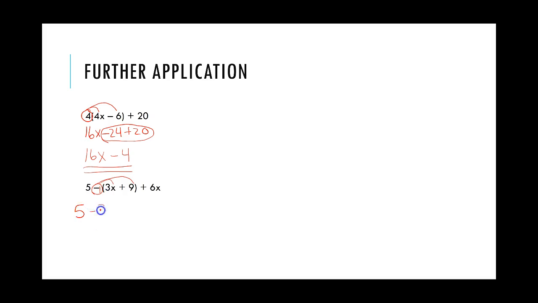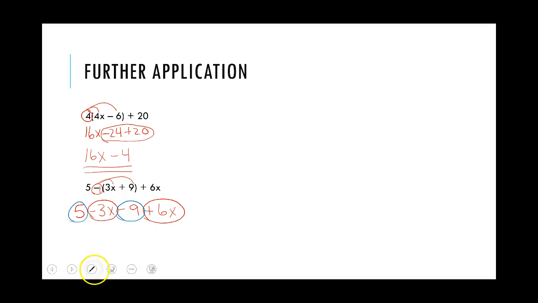So that gives me a negative 3x. Negative 1 times a positive 9 is a negative 9. And the plus 6x drops down. Now I have these like terms, so the 2 terms with x's. And then I have my constants also.